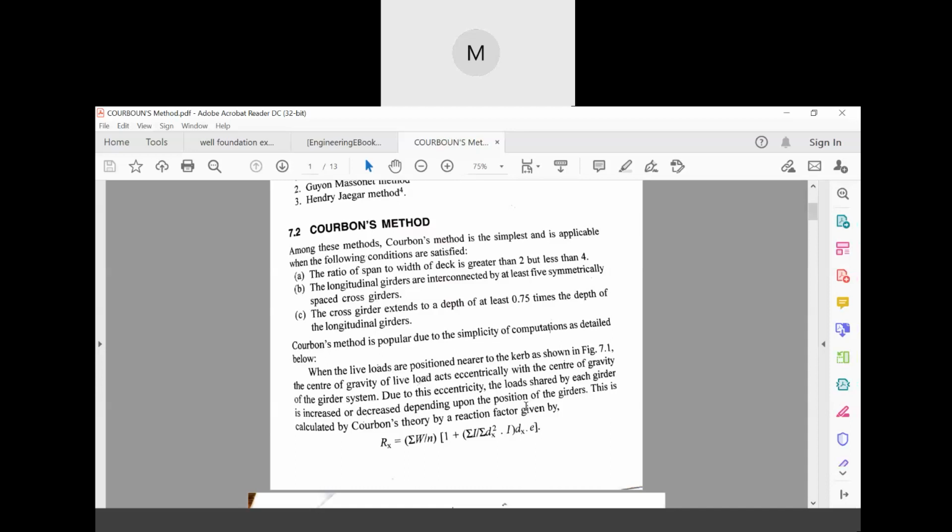The cross girders extend to a depth of at least 0.75 times the depth of the longitudinal girders. These are the most important criteria.